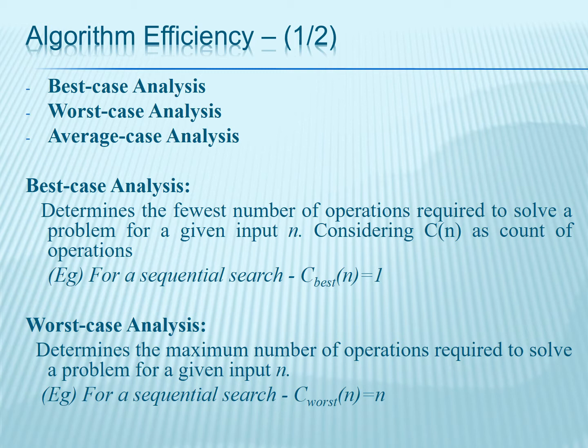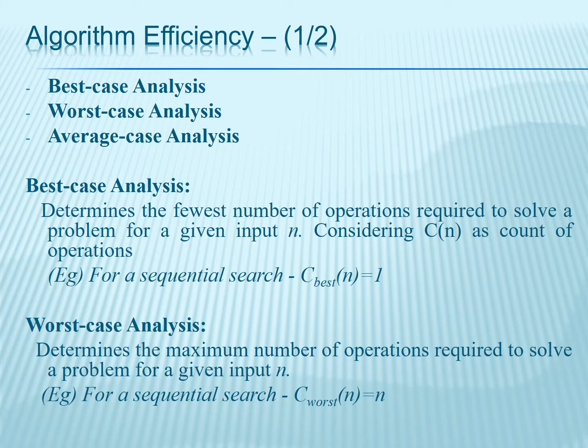n. Considering C of n as the count of operation for a sequential search, C best of n is equal to 1. That is, consider an array of n elements and we are searching an element n naught.